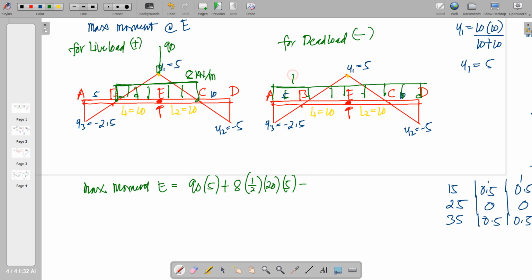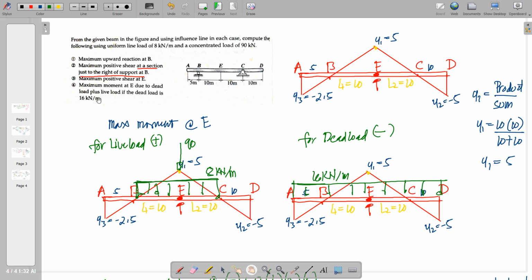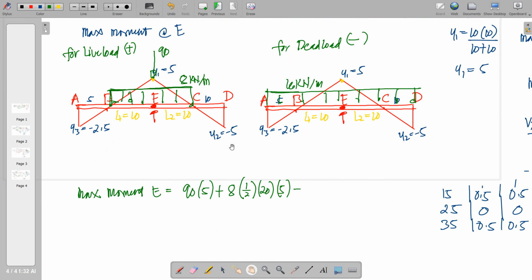By the way, this is 16 kilonewton per meter. So we have negative area here. So negative 16 by 1/2 by 5 by 2.5.